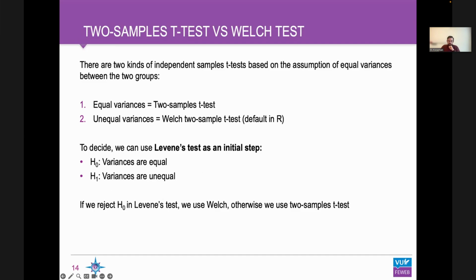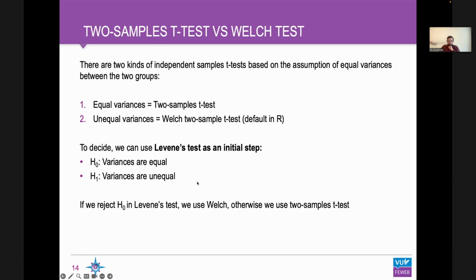If you have a low p-value, lower than your significance level, then you reject the null hypothesis, meaning that you need to assume that the variances are unequal, which means that you need to do a Welch two sample t-test.